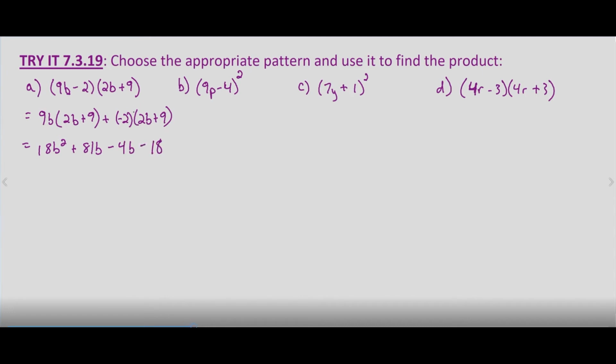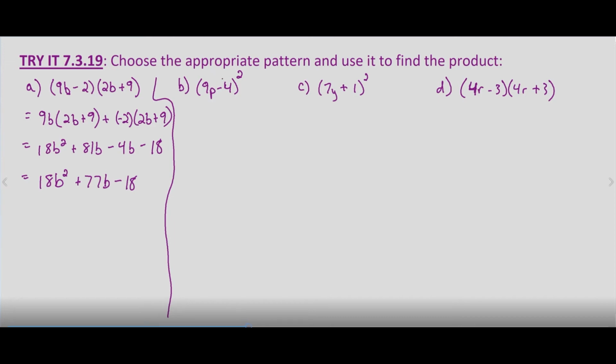And those are from distributing the negative 2. So that equals 18b squared, 81 minus 4, that's going to be 77, so plus 77b minus 18. And again, you can use the distributive method, you can use the FOIL method. It's totally up to you which method you use.